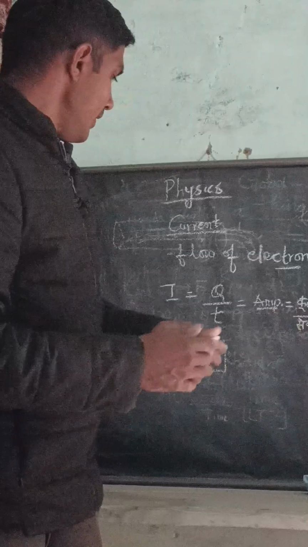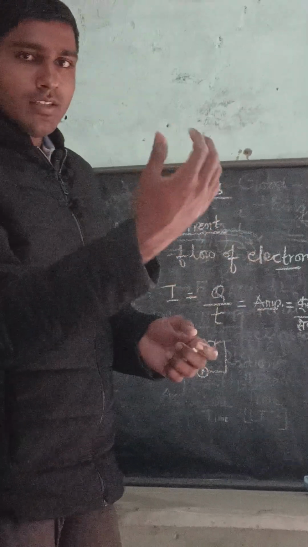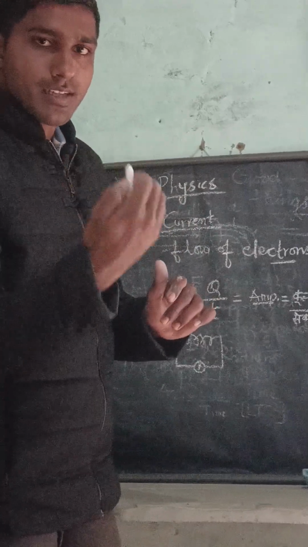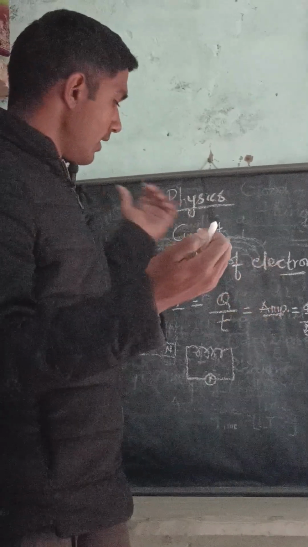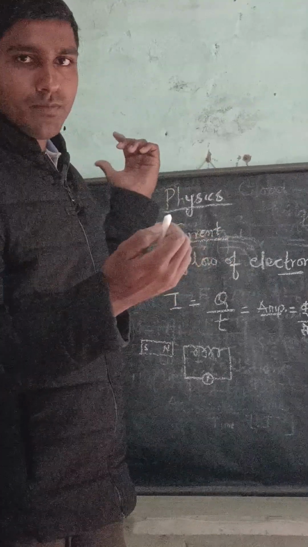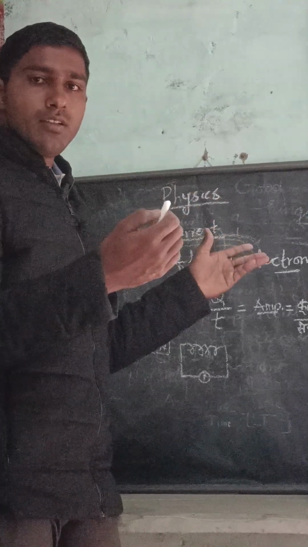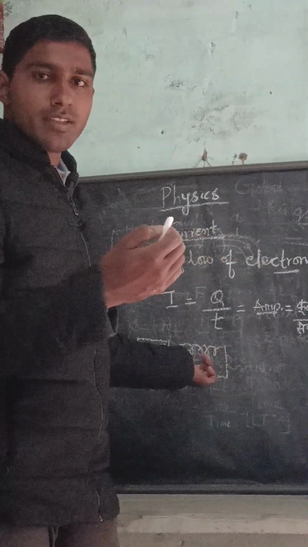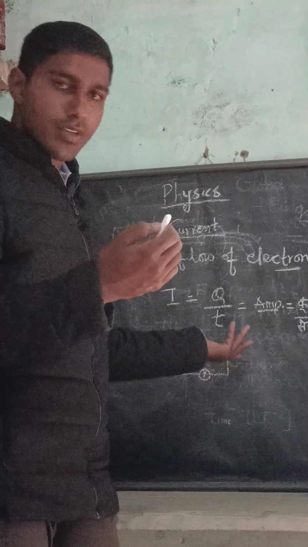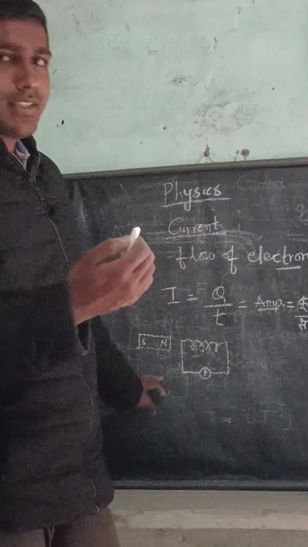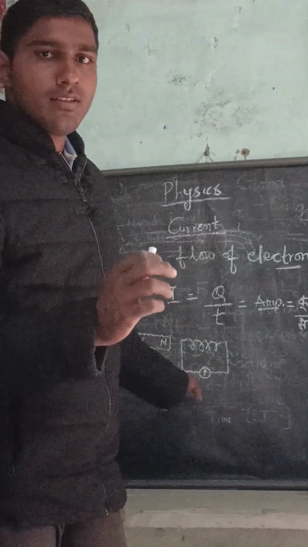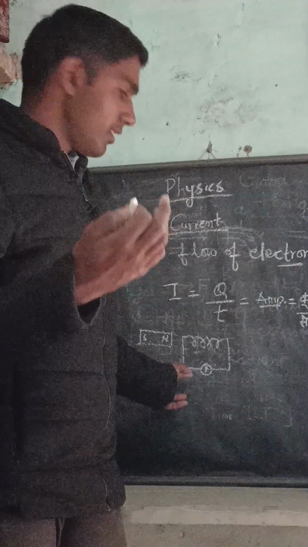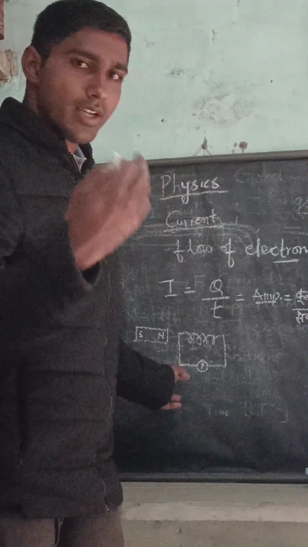And when you drag that magnet farther from the circuit, it will start deflecting to the left side. So this deflection of the galvanometer indicates electricity. This effect is generally known as Faraday's effect, or the electric effect of the magnet.